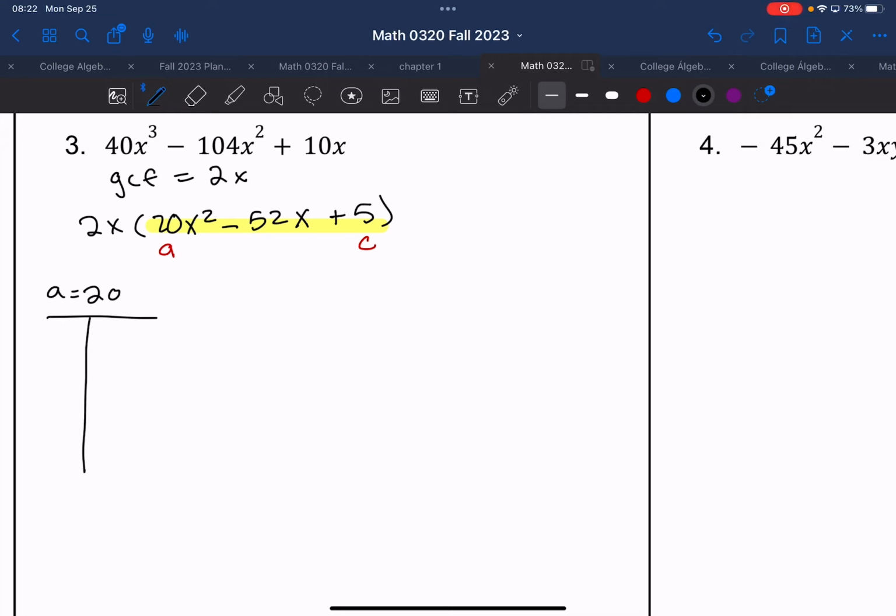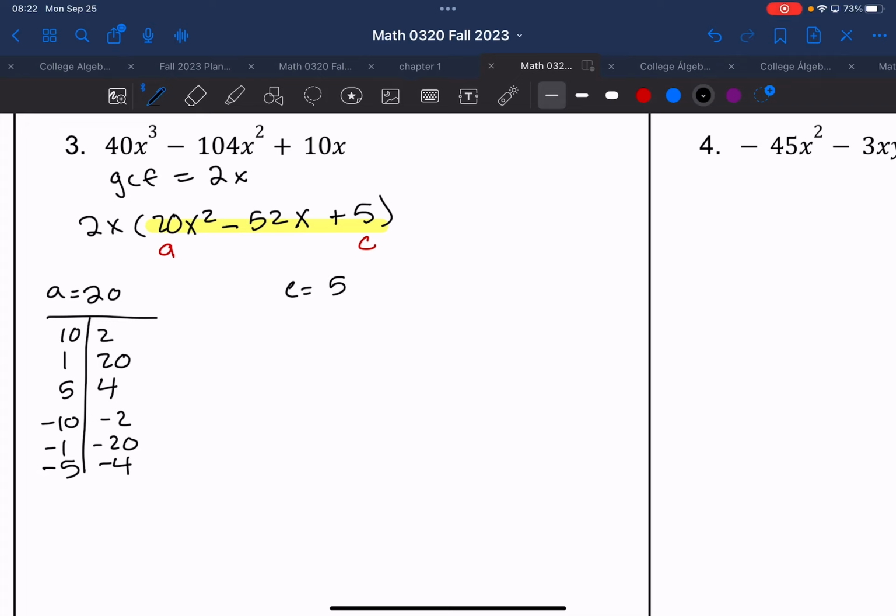So what numbers can multiply to 20? 10 and 2, 1 times 20, 5 and 4. And then technically we have 3 more. Negatives. So negative 10 and negative 2, negative 1 and negative 20, and negative 5 and negative 4. Because when we multiply two negatives, we get a positive.